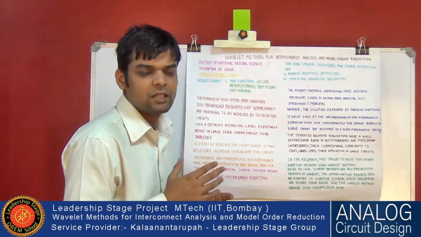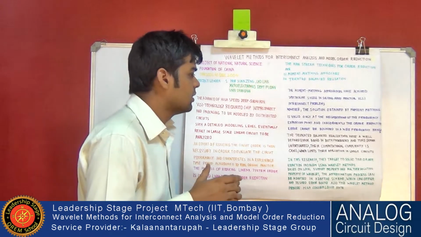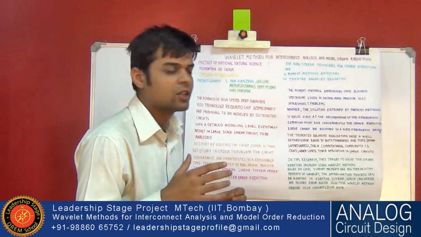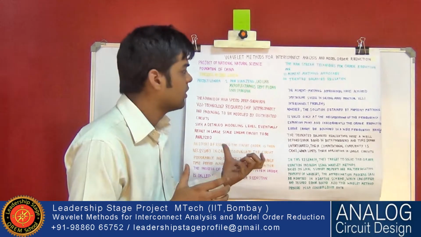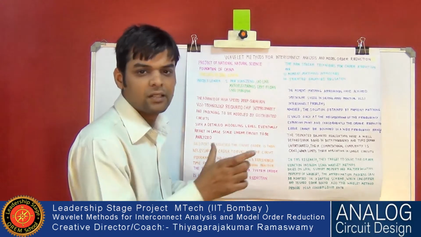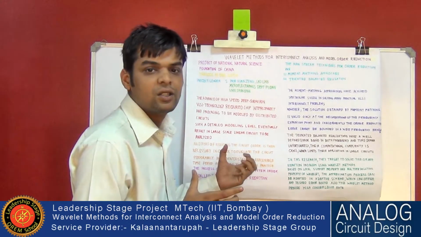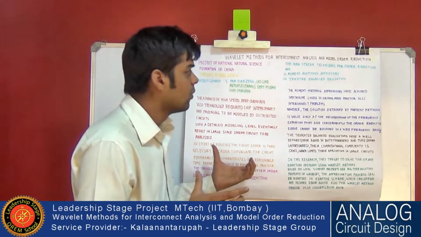The simple methods are Gaussian elimination and Gauss-Jordan. These are simple methods to calculate simple circuits. But inside a CAD tool, circuits are in large number.